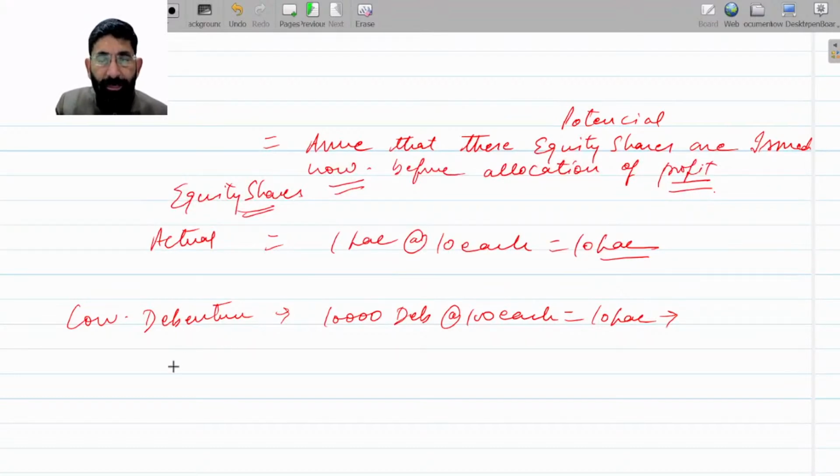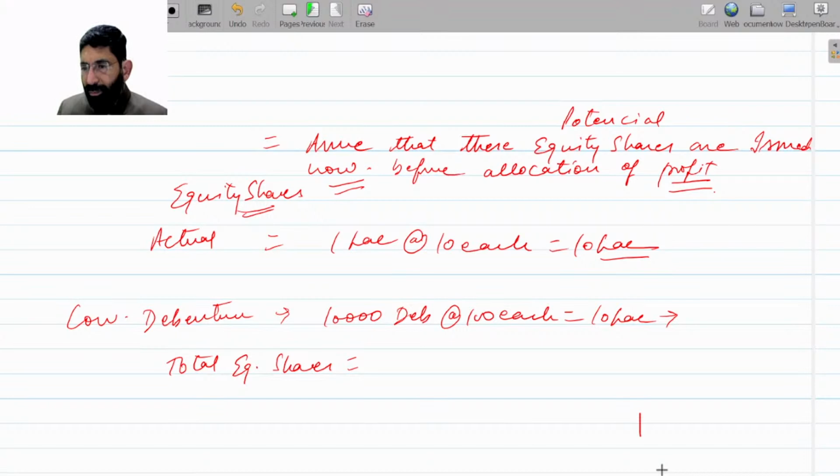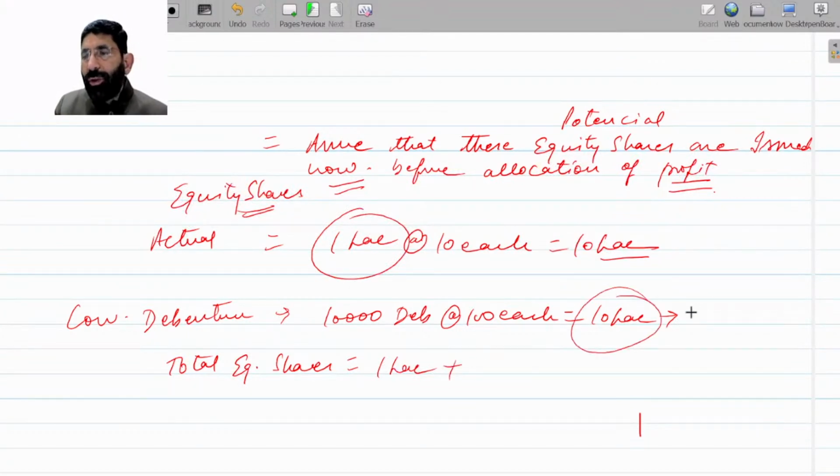So we have to assume that the total equity shares would be 1 lakh, that is this one, plus if these 10 lakh will be converted into equity shares of rupees 10 each, then how much equity shares will be issued? 10 lakh divided by 10 is equal to 1 lakh.